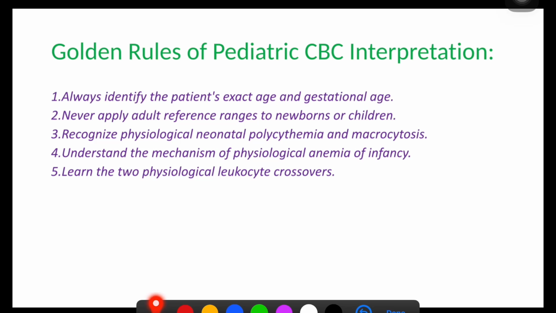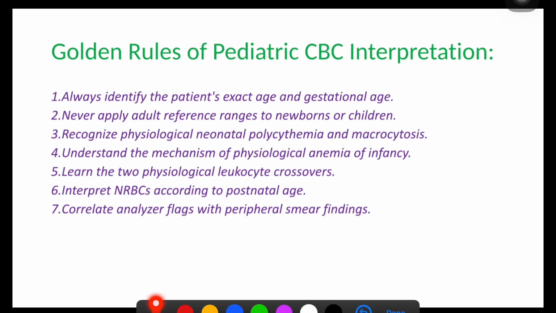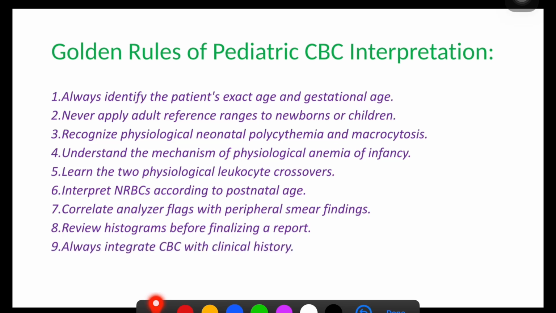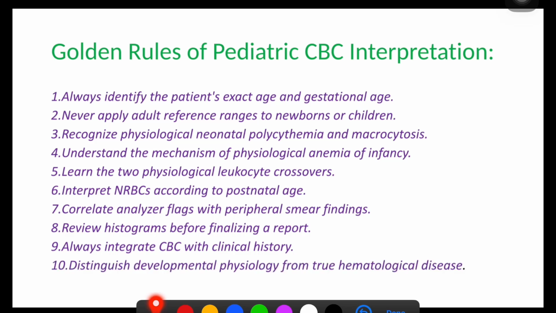Learn the two physiological leukocyte crossovers, neutrophil predominance to lymphocyte predominance and lymphocyte predominance to neutrophil predominance. Interpret NRBCs according to postnatal age. Correlate analyzer flags with peripheral smear findings, review histograms before finalizing report, and always integrate CBC with clinical history because it is a must. Distinguish developmental physiology from the true hematological diseases, right?